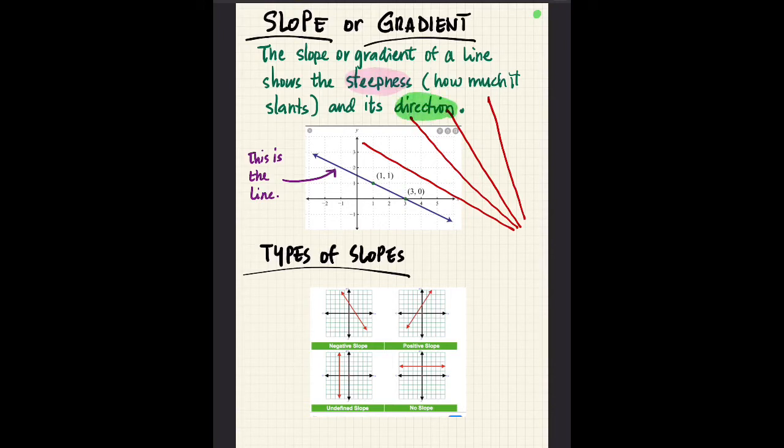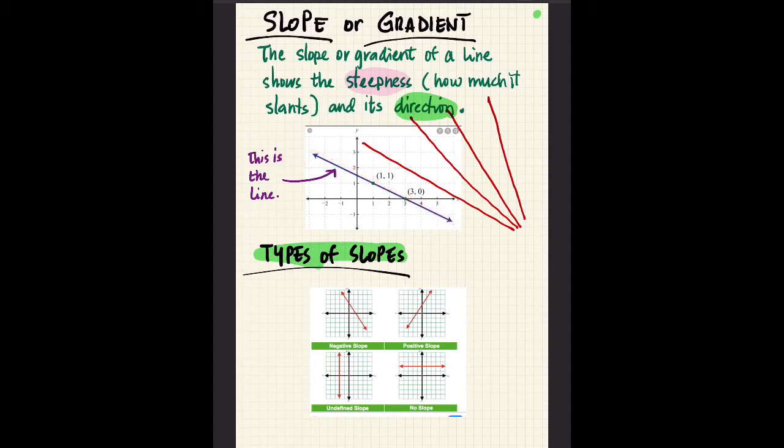So there are 4 ways your line can go, and that tells you what type of slopes they are. So look at the first one. The first one slants to the left. If it slants to the left, it's called a negative slope. Like this one. This is a negative slope because it slants to the left.